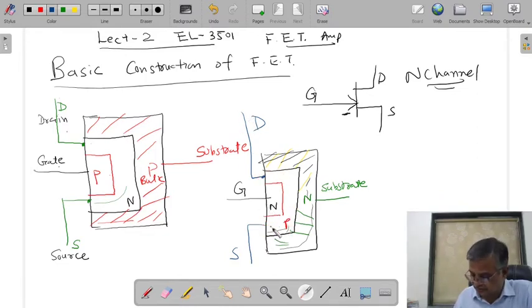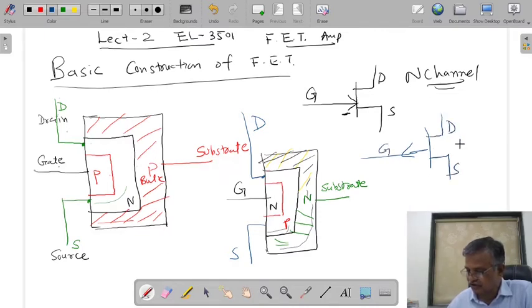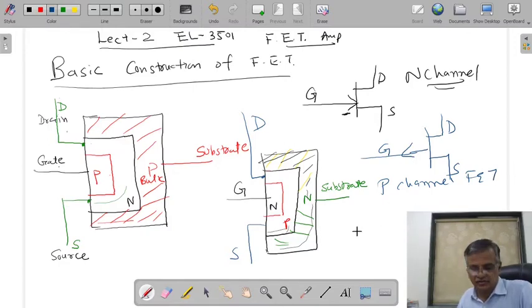And the symbol of this: drain, source, gate, this is a P-channel FET. So this is called the basic construction of a field effect transistor. Remember, gate is always heavily doped. This is lightly doped.